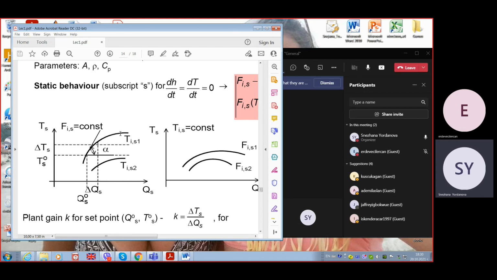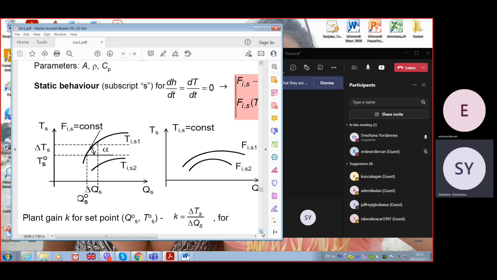Any point from the steady state characteristic can be used for operation. This is the main point in which a given plant operates. So in another operation point, the tangential line will constitute a different angle, so we'll have a different gain.